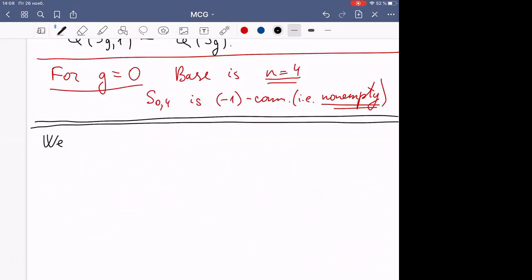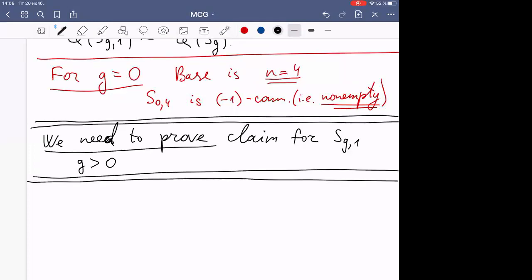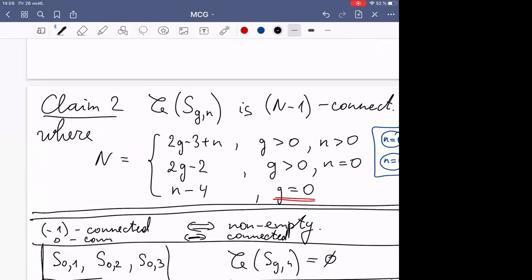The induction goes. So the only situation is, we need to prove our claim for S_g^1 where g is positive. And what do we need to prove? We need to prove that S_g^1 is 2g minus 3 connected. Indeed, we would like to prove that it is n minus 1 connected when n is 2g minus 3 plus 1.